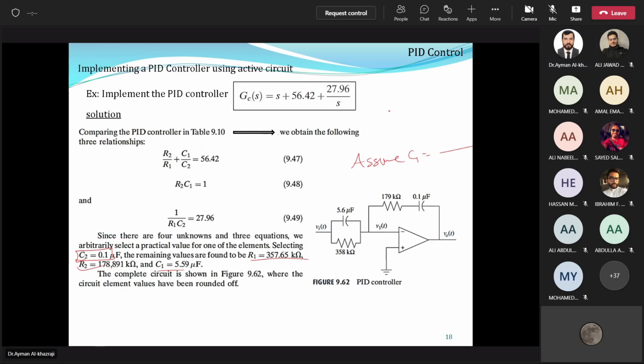Can I? I will tell you to design, and suppose you will find this one, then I will ask you to realize. Separate questions is better, Doctor. You will get a lot of questions if we make them separate. I just want to simplify.